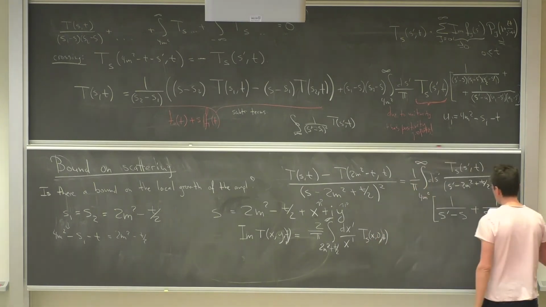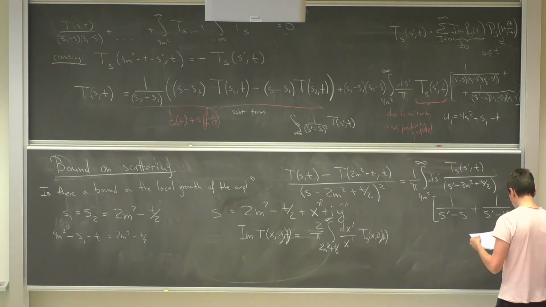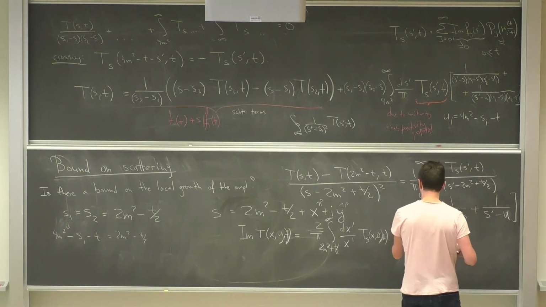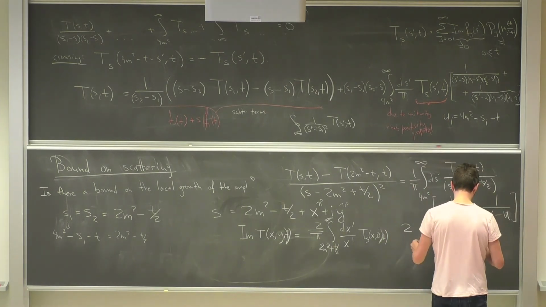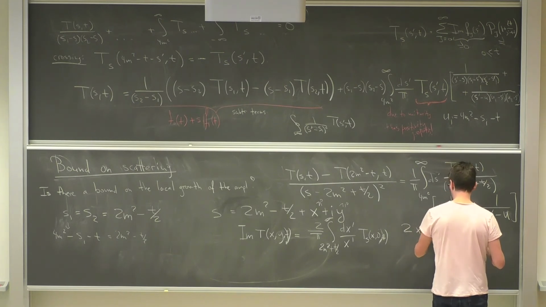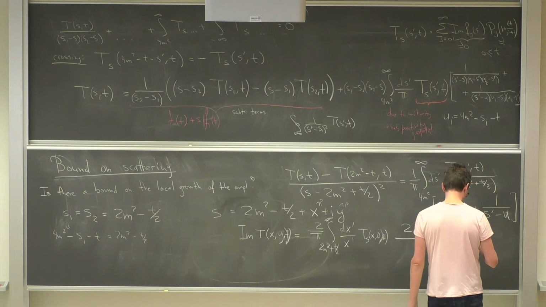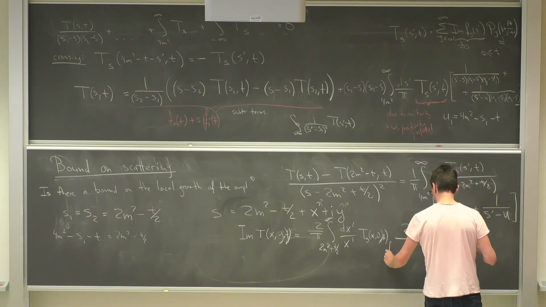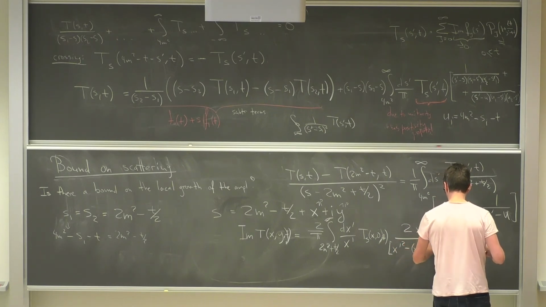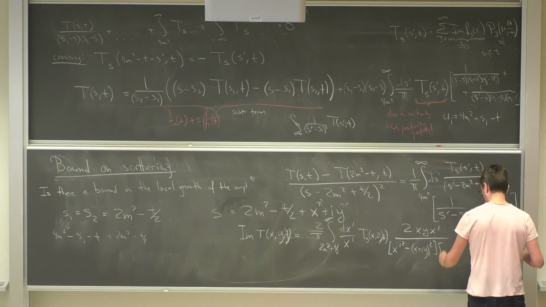And these prefactors, if you plug things in there, what you find is that you have 2 x, y, x prime, and here you have x prime squared minus (x plus iy) squared, times the same, which is the complex conjugate.